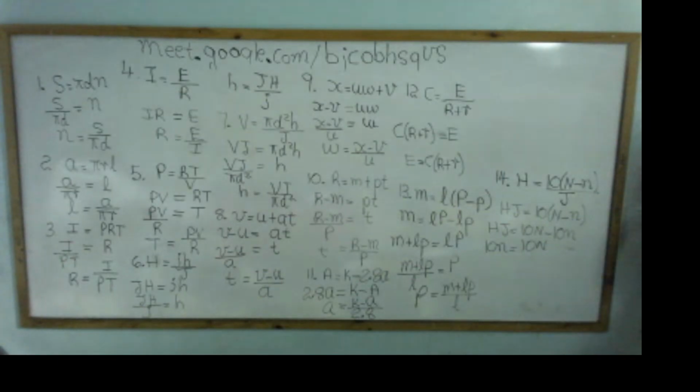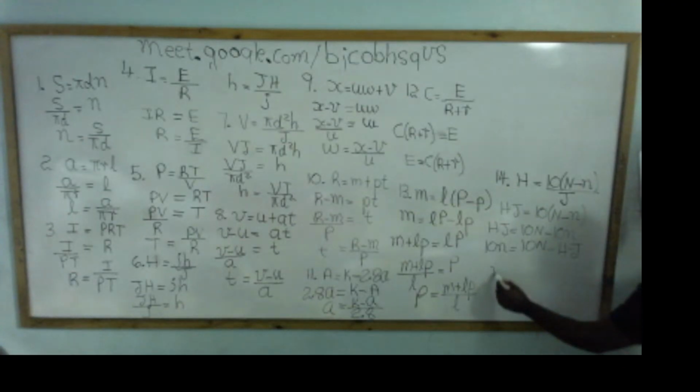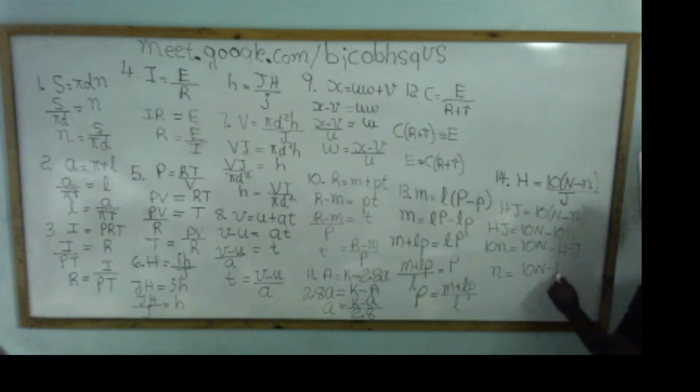And this, of course, is a positive hj, so we have minus hj right there. And of course, we'll just finish up by dividing by 10. So 10n minus hj, and we divide by 10, and that's all there is to it.